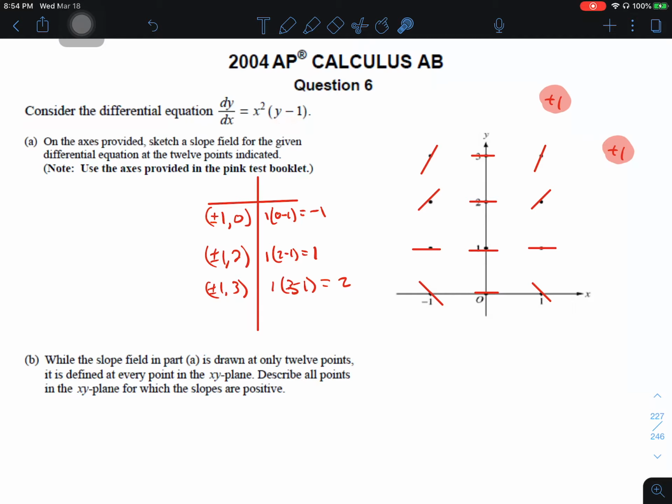And then as far as y minus 1 is concerned, we need this to be positive. And this is going to be positive anytime y is bigger than 1. And that's evidenced by me saying we want y minus 1 to be bigger than 0. We're saying y has to be bigger than 1.